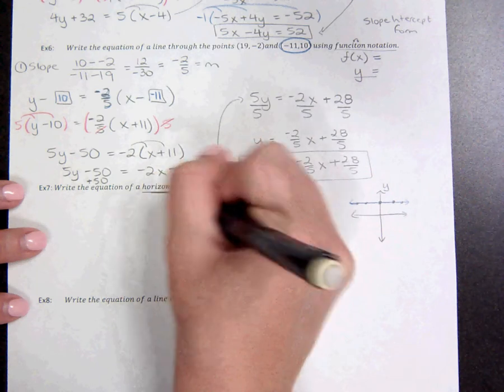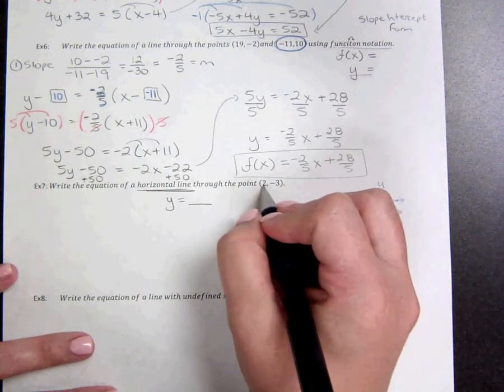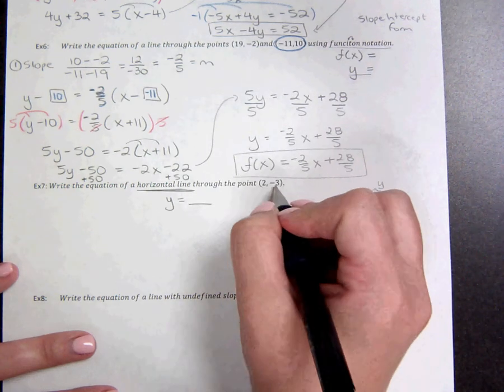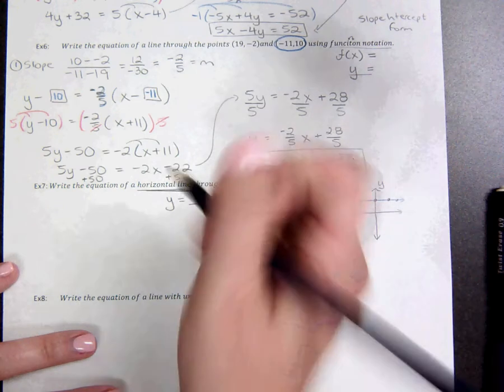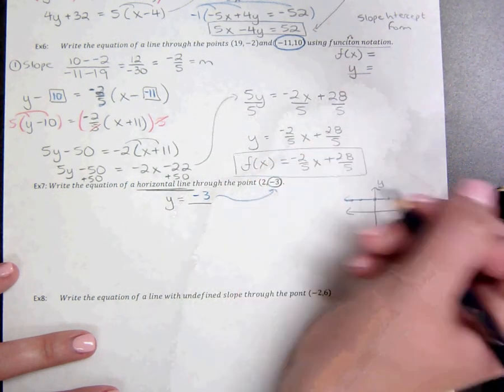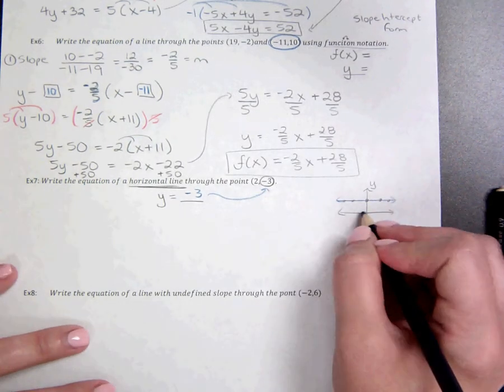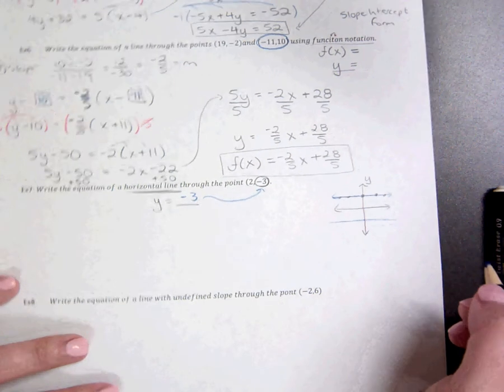So horizontal lines are y equals some number. In order for it to go to the point 2, negative 3, the y value has to be negative 3. In order for it to go through that particular point, it has to go through negative 3, which would actually be down there if we were going to graph it.